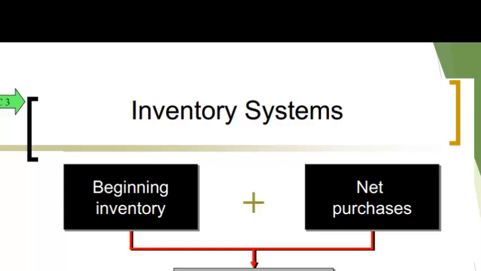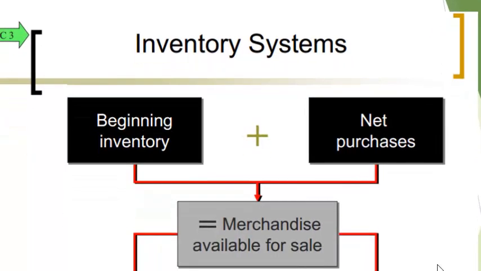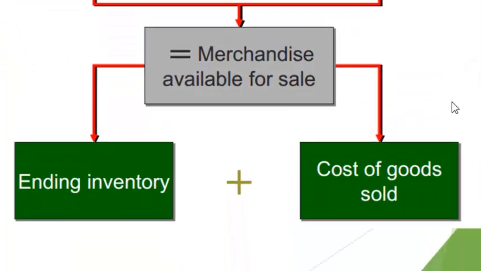We add to this the net purchases. Beginning inventory plus net purchases gives us the merchandise available for sale. Then what the organization does is that it does a physical count of the ending inventory, and once we subtract ending inventory from the merchandise available for sale, we get a number that is called the cost of goods sold.